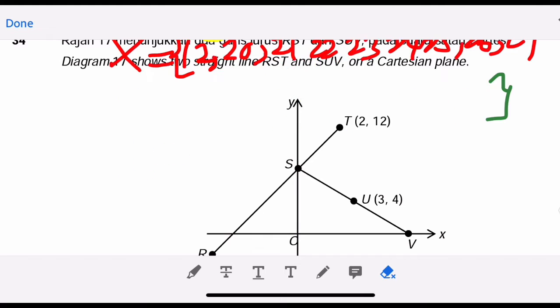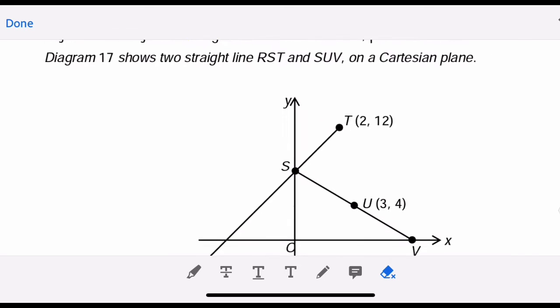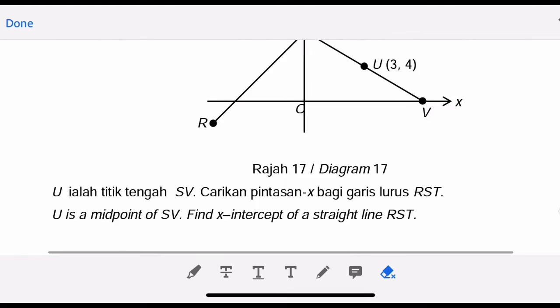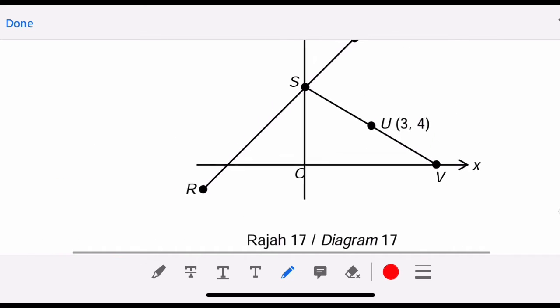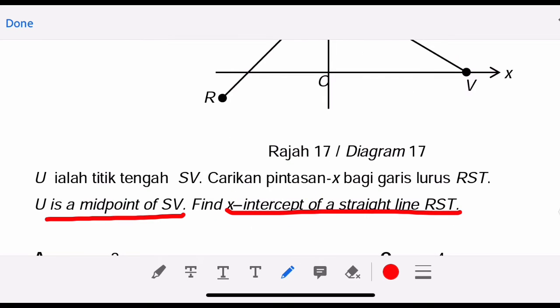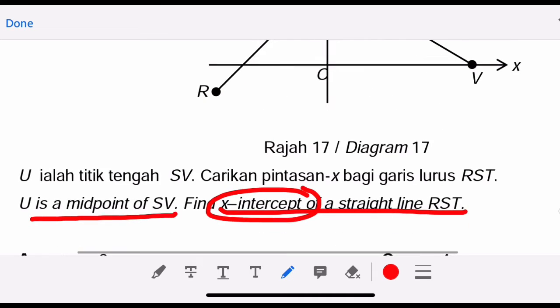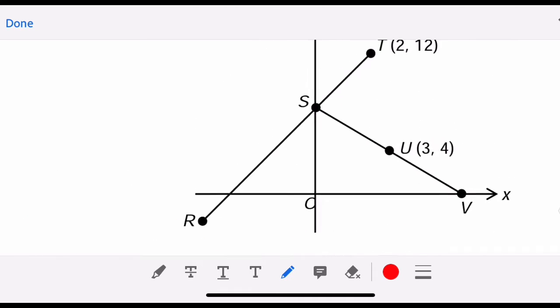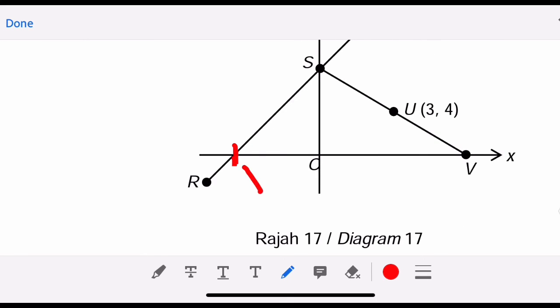Question 34 is about the diagram showing 2 lines, RST and SUV, on a Cartesian plane. Given that U is the midpoint of SV, find the x-intercept of straight line RST. Okay, straight line RST. That means the RST is here, right? X-intercept here.